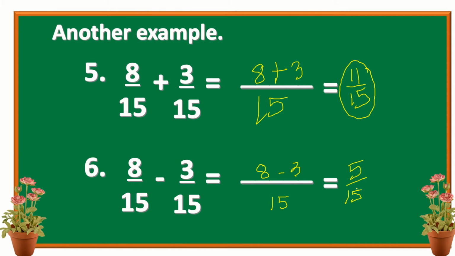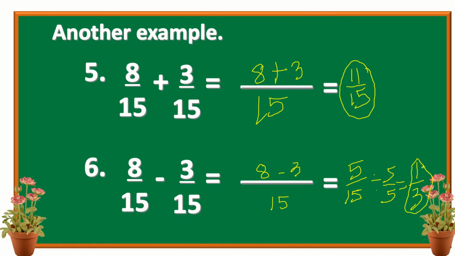We will reduce that, don't you worry. So, what number can divide both 5 and 15? Yes, that would be 5. 5 divided by 5 is 1, and 15 divided by 5 is 3.